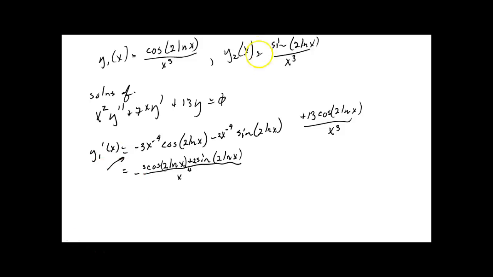And that's not going to be too bad. Let's rewrite this as x to the minus 3 sine of 2 log x. And let's do y2 prime. I like to use that one. Start it off for me.